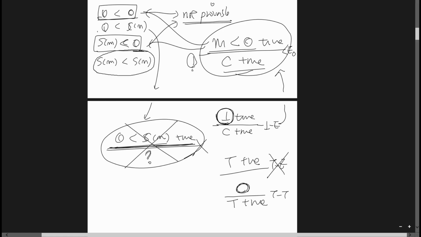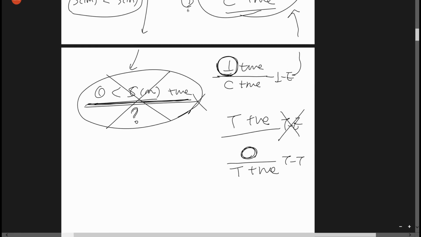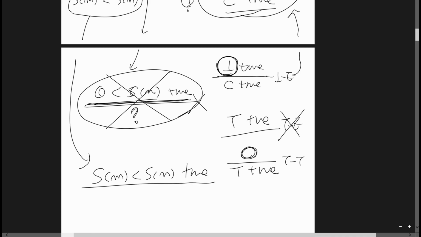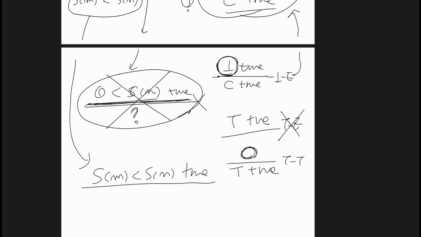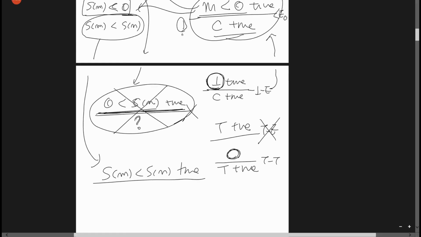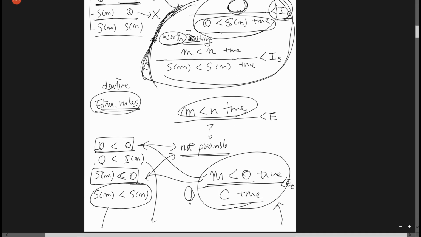What about this one? Suppose that we have an existing judgment: successor m is less than successor n true. How can we eliminate it to deduce something else? We can extract something else according to this introduction rule. According to this introduction rule, the only way to prove this judgment is by proving this one.